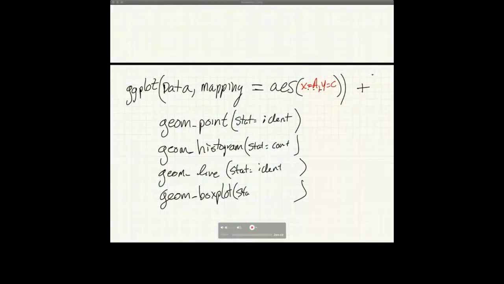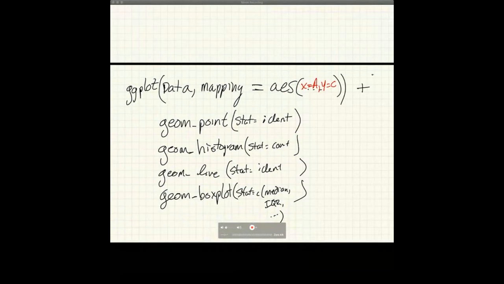And box plot has a bunch of them. So it has like the median, the interquartile range, etc. But the point is, all of these geometries and the way that you represent them are conceptually connected to one of these other kinds of statistics.